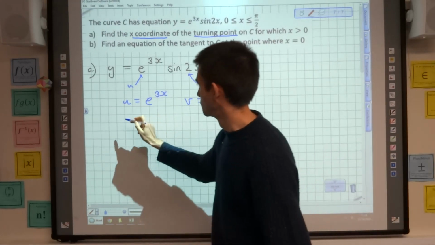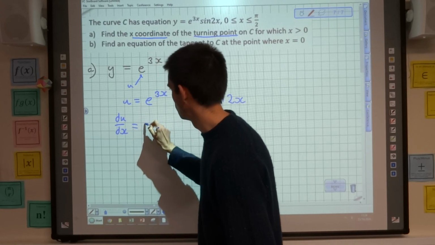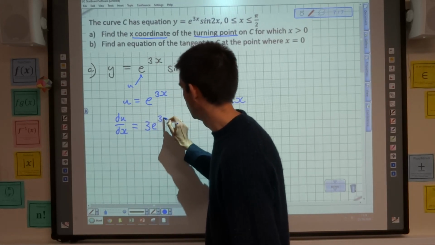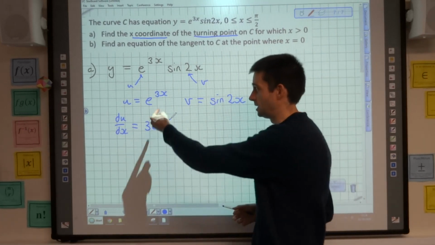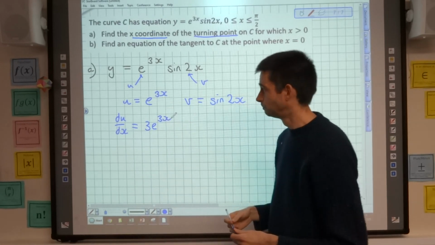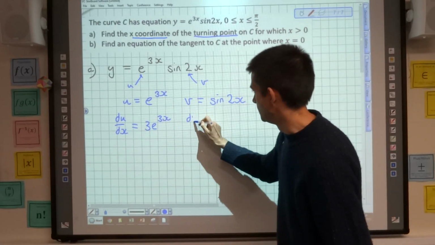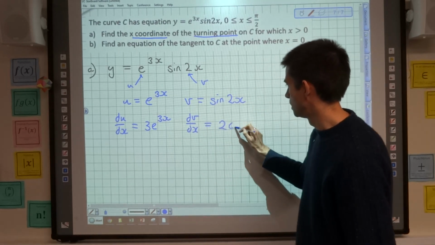So u equals e to the 3x. That means that du dx equals 3 e to the 3x. So remember, when we differentiate exponentials in e, the e bit stays the same, and we multiply by the differentiated power. And then dv dx, so differentiating sine 2x, we're going to get 2 cos 2x.